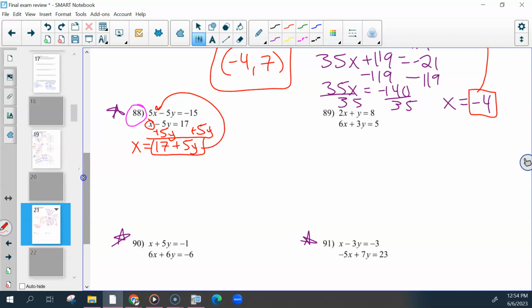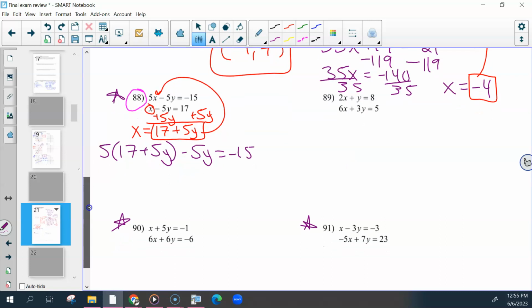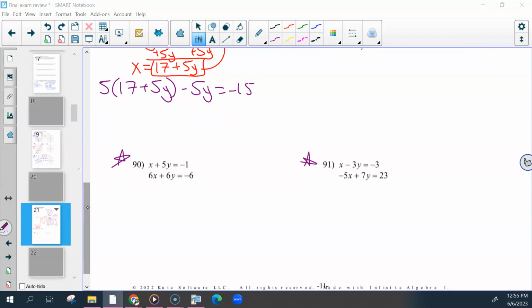So we have 5 times 17 plus 5y, minus 5y equals negative 2. And then you could start to solve. 85 plus 25y minus 5y equals negative 15.